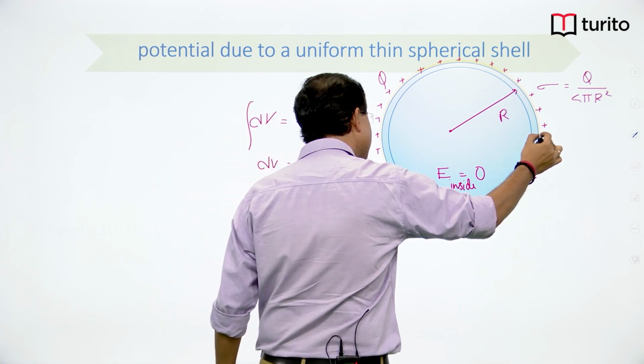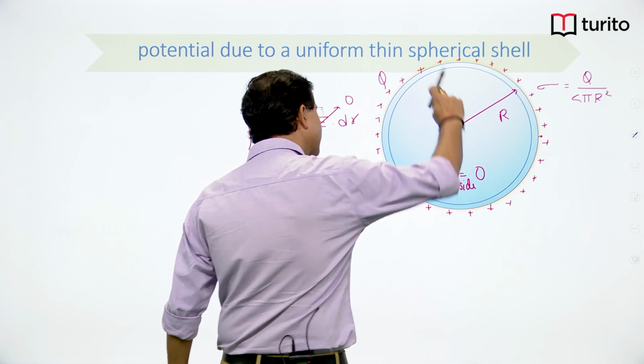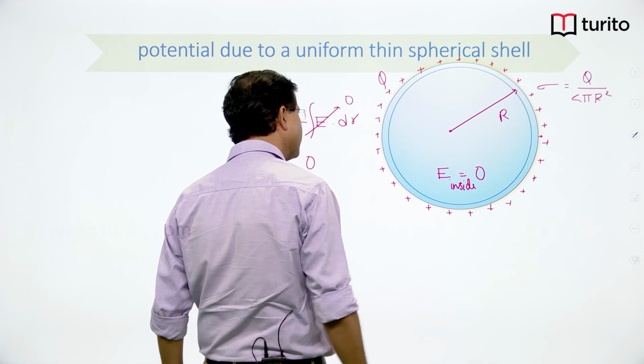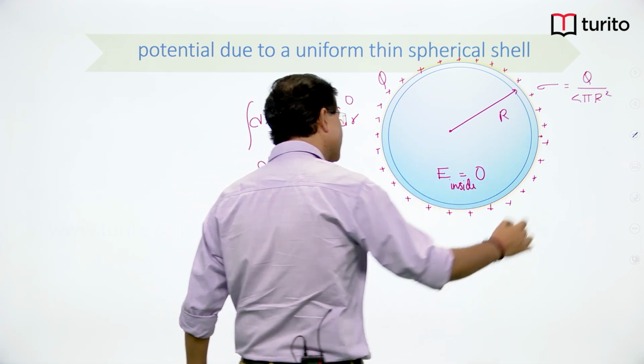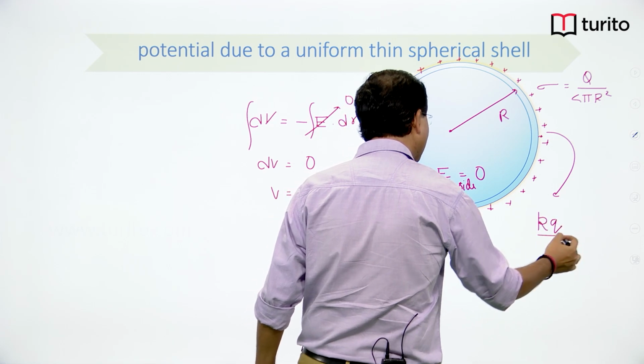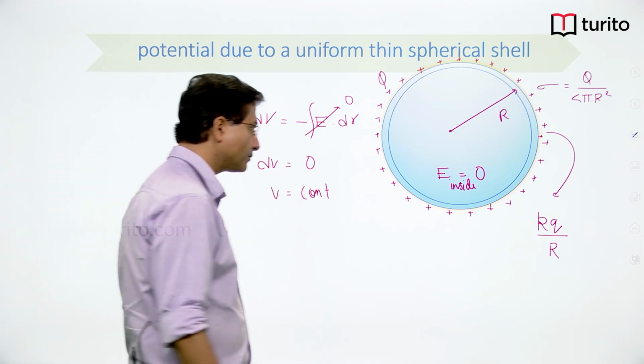For any point just outside the surface, I can assume the whole charge is concentrated at center. That means the potential on the surface will be kq divided by capital R.